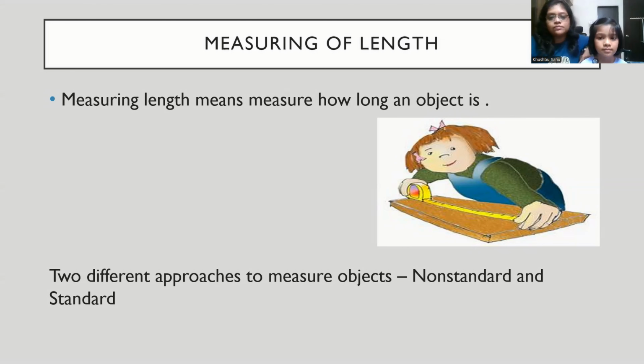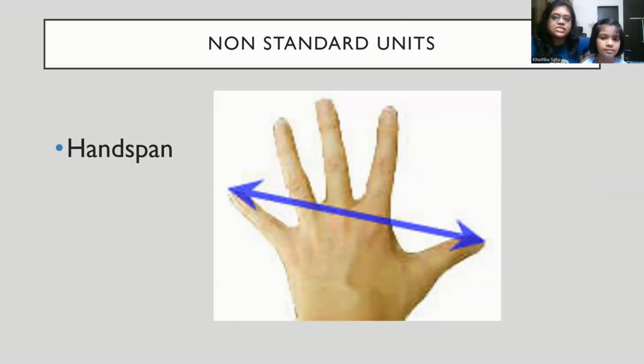So, there are two different approaches to measure an object, right, Advika? Yes. One can be non-standard and one can be standard. So, Advika, do you have any idea about non-standard units of measurement?